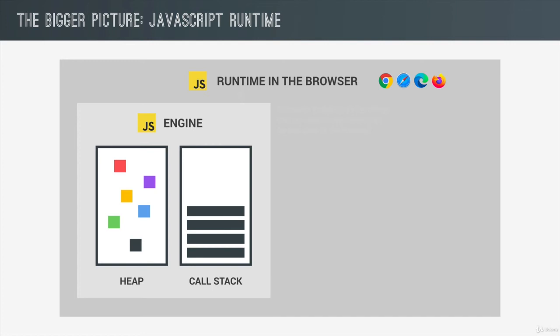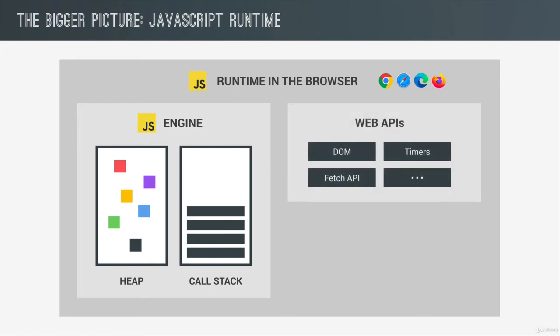However, the engine alone is not enough. In order to work properly, we also need access to the web APIs. And we talked about web APIs before, remember? So that's everything related to the DOM, or timers, or even the console.log that we use all the time.